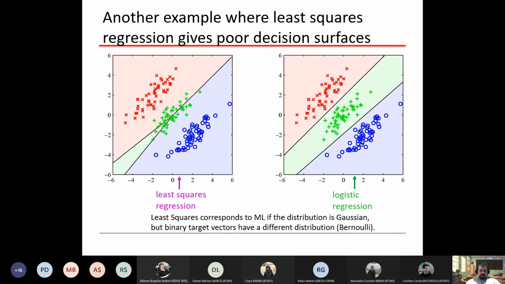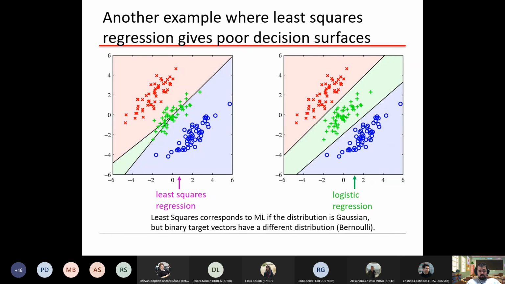Another problem comes from the implicit distribution that squared errors imply, which is Gaussian.